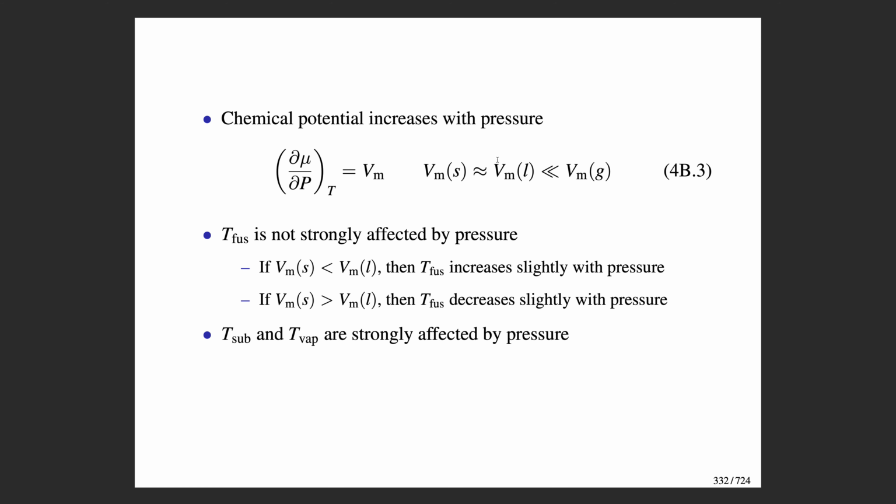And that has to do with the fact that these two molar volumes are about the same between the solid and the liquid. Okay? There's two cases. Either the solid has the lower molar volume, in which case you find that the melting point slightly increases with pressure, or for a substance like water, where the solid actually has the larger molar volume, what you'll find is that the melting point slightly decreases with pressure.